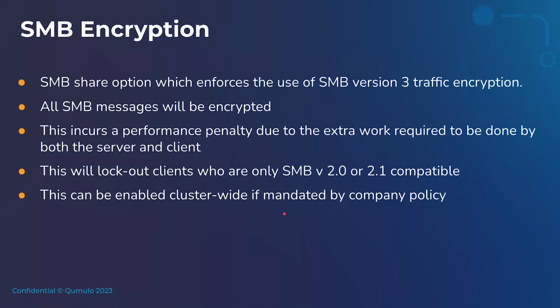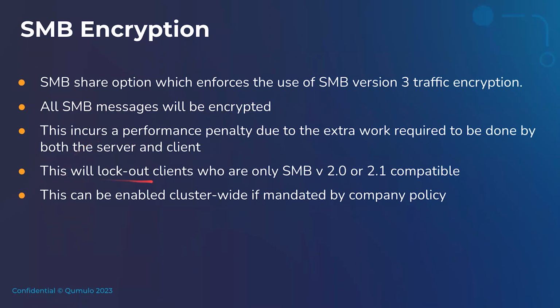So SMB encryption is an option, again, on a share level, where you can enforce the use of SMB v3 traffic encryption. So every single SMB message, all the control messages, all the data messages, will be encrypted. This has a potential to incur a performance penalty due to the fact that both ends now have to perform a bunch of extra work to encrypt that traffic.